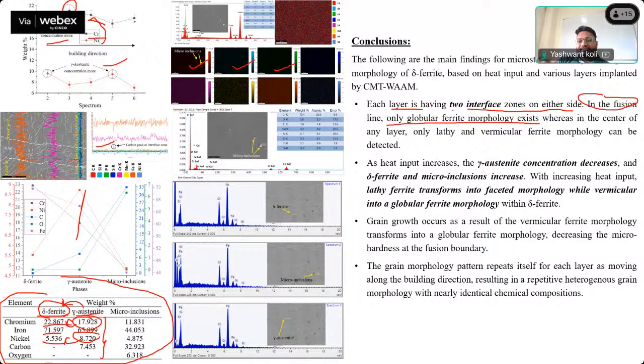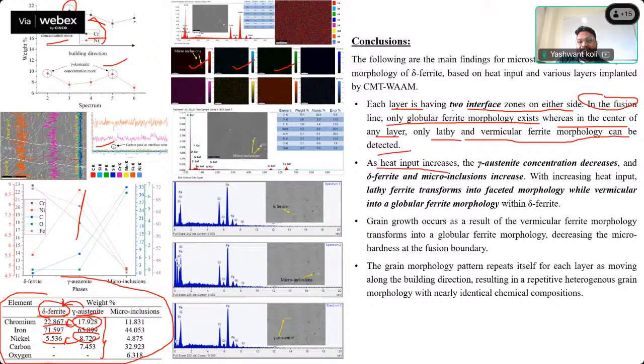We can check the hardness also: the hardness was less at the inner layer as compared to the interlayer, so we have justified that. Whereas at the center of any layer, only lathy and vermicular ferrite was detected.